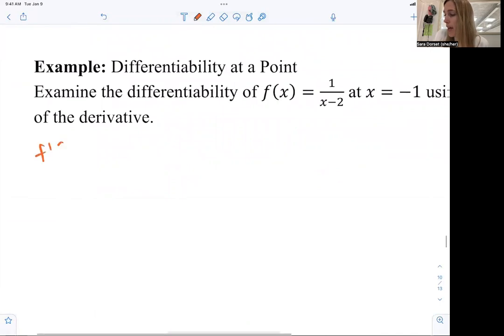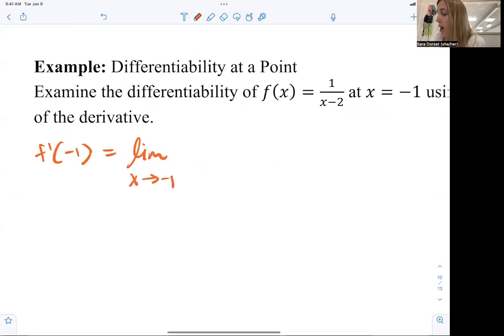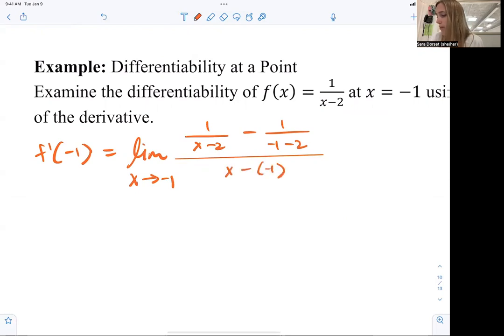So f prime of -1 would be the limit as x approaches -1 of 1 over x minus 2 minus 1 over -1 minus 2, all over x minus -1.